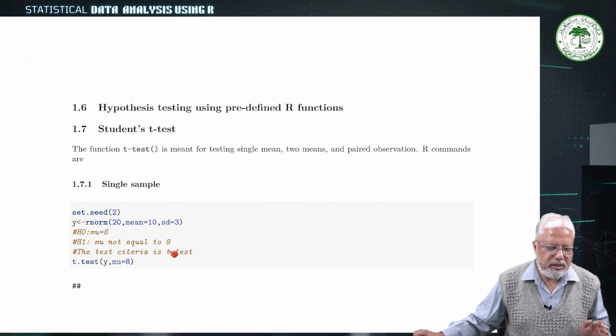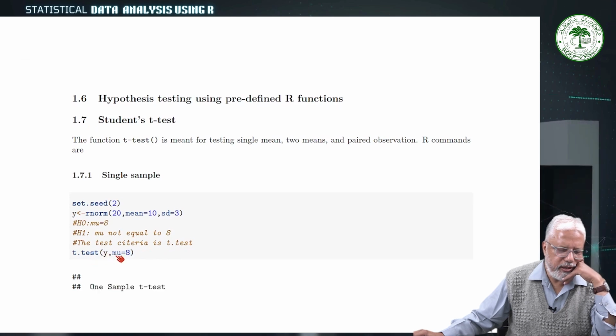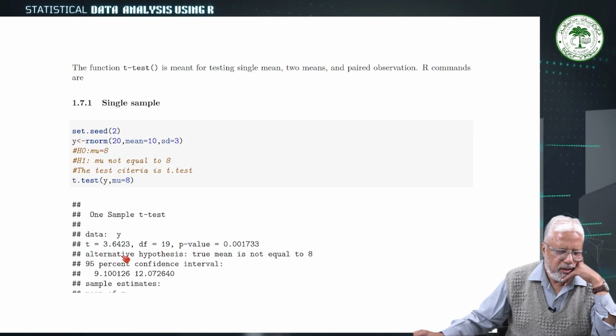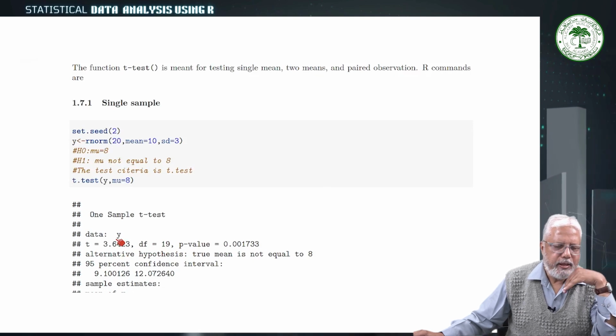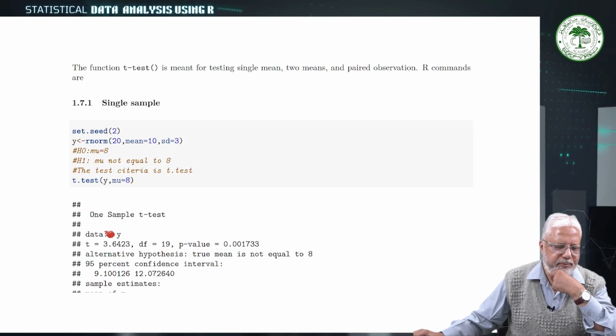The Student's t-test here: t.test(y, mu=8). See what happens. It is being rejected. This is the hypothesized value of mu, mu is equal to mu naught, one sample t-test.